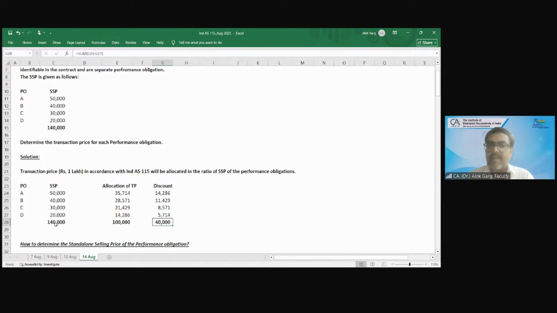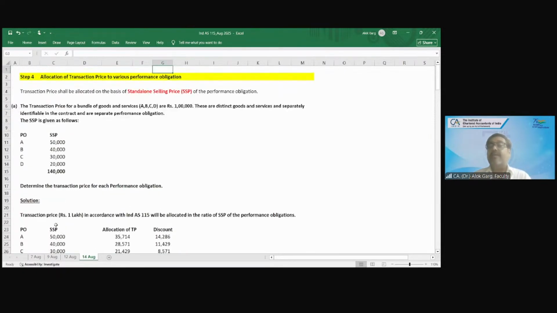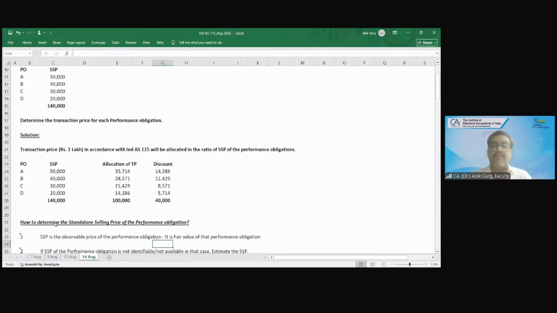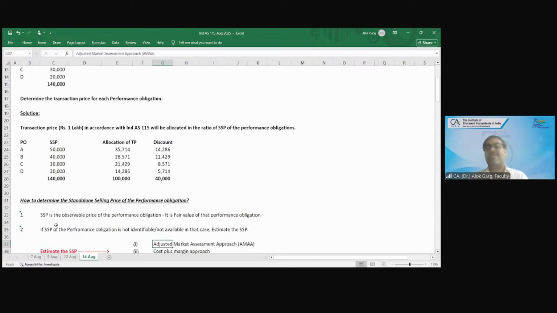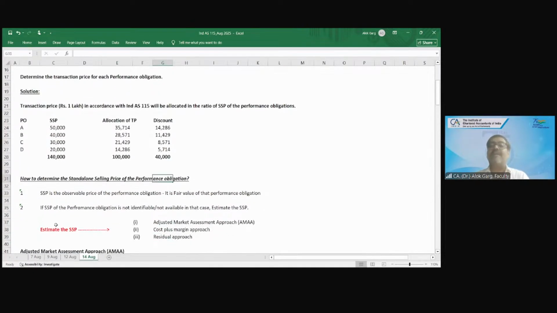So this is to determine the transaction price of the performance obligations, right? This is how to allocate to the performance obligations. Now the question is how to determine the standalone selling price of the performance obligation. The first one was very simple.